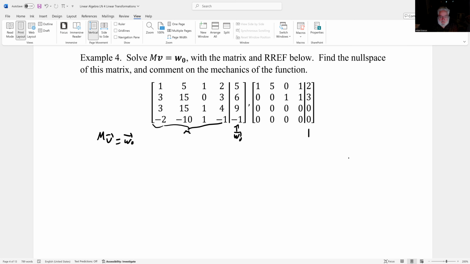And that gives us a particular solution here. So V, we'll call it V sub particular, is 2i plus 3j. Because this vector is 2 times this plus this vector, so this vector should be 2 times this plus that vector.